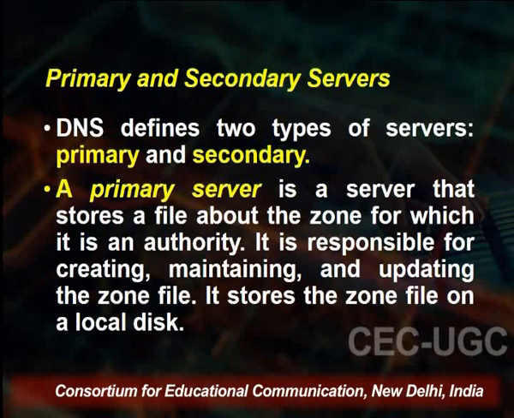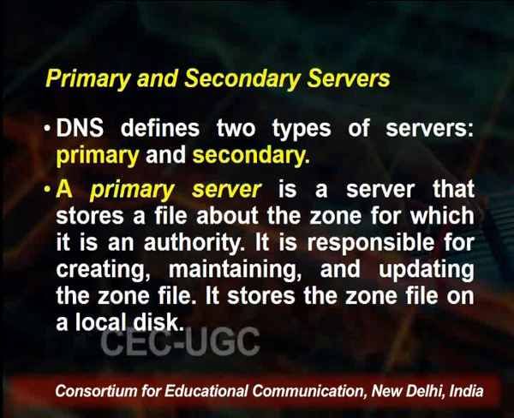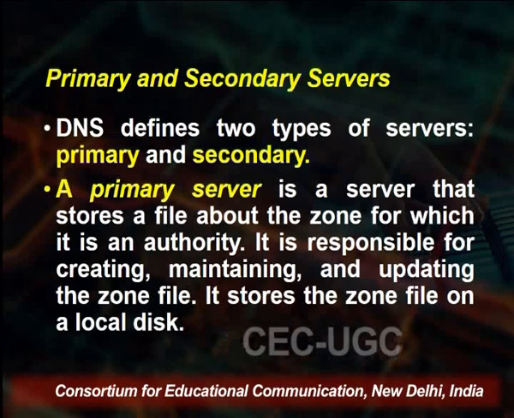It is responsible for creating, maintaining and updating the zone file. It stores the zone file on a local disk. So the primary server will basically do three things: it is going to create, update and maintain the zone file which is being created about the zone.